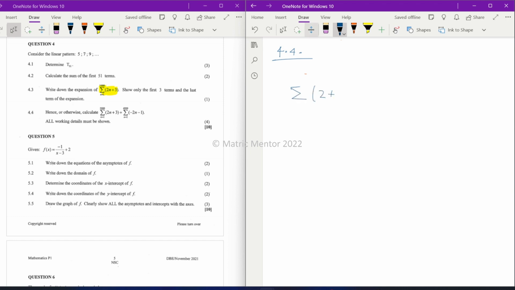All right, so we know that the first function we have here is the sum of 2n plus 3 from n equals 1 to 5000, and we know that the expansion is, sorry, it actually starts at 5, and we know the expansion is 5 plus 7 plus 9 plus all these odd numbers up until 10,003.